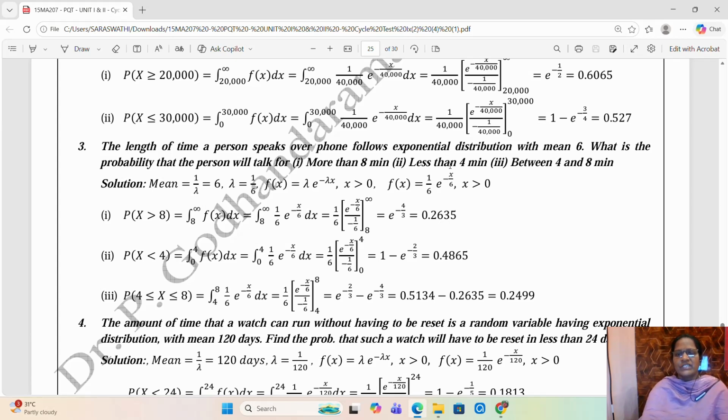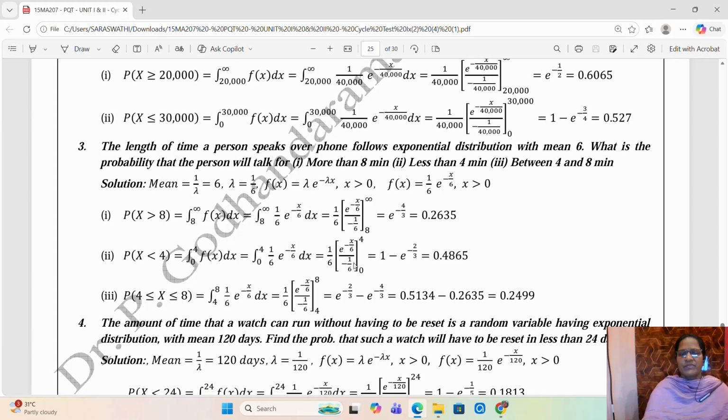Now the second question is less than 4 minutes. So P of x less than 4, which is the integral from 0 to 4 of f of x into dx, where f of x is lambda into e to the power minus lambda x. After substituting the f of x value into dx, we have 1 by 6 constant, e power minus x by 6 divided by minus 1 by 6.